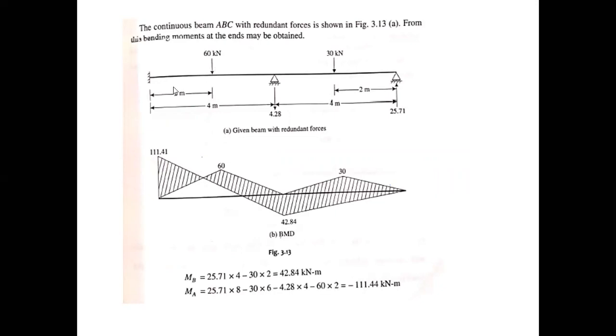This is 60 multiplied by 2, because we are calculating moment over here at A. This is A, this is B, this is A, and this is B. So this is how we can calculate, and we'll get the final bending moment diagram for this case.